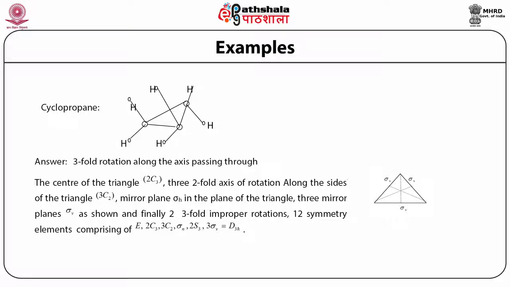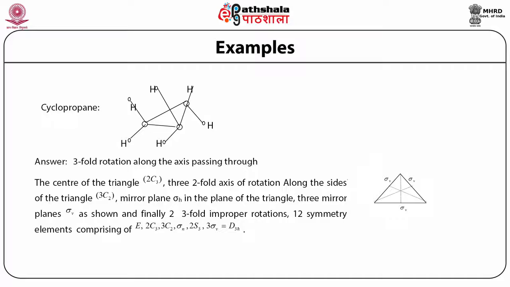So that is the C3 symmetry operation. Then there are 3 twofold axes of rotation along the sides of the triangle, so 3C2.